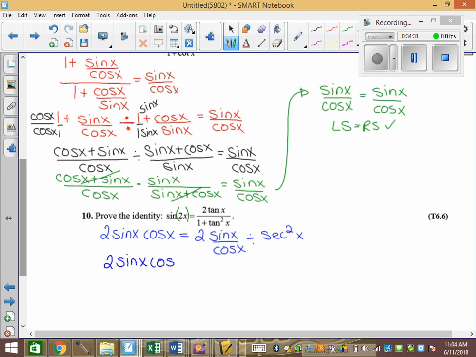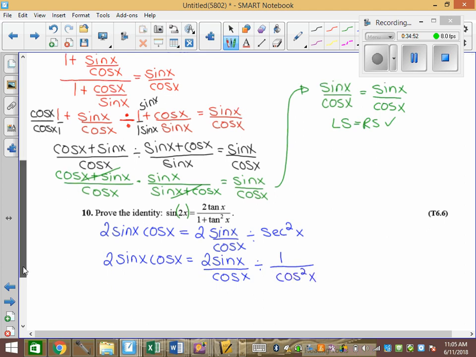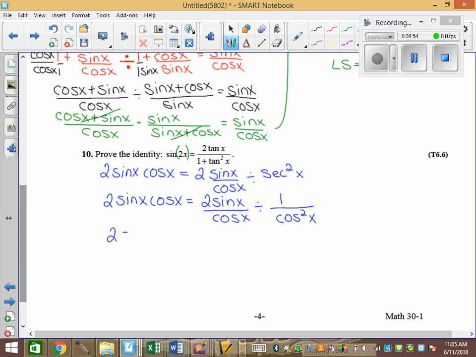So we get 2 sin x cos x equals 2 sin x over cos x divided by 1 over cos squared x.